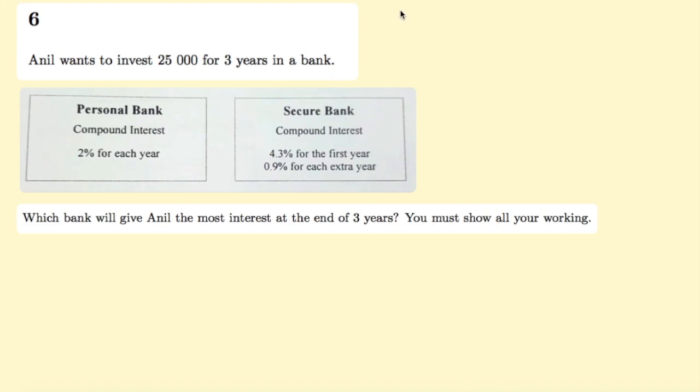So hopefully you're familiar with the compound interest formula, which says the amount you end up with is equal to the principal, or the starting amount, multiplied by 1 plus the rate, or the interest rate, divided by the number of times it compounds per year, to the power of that same number n times the number of years.